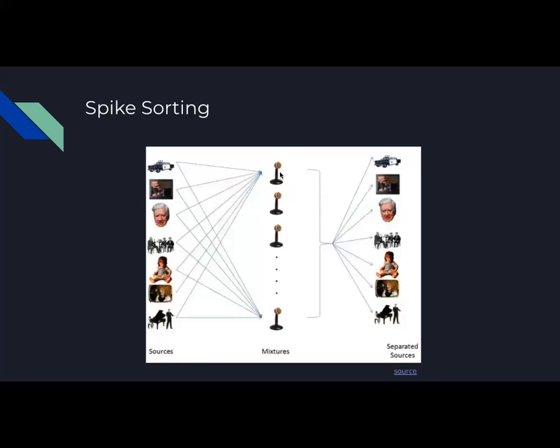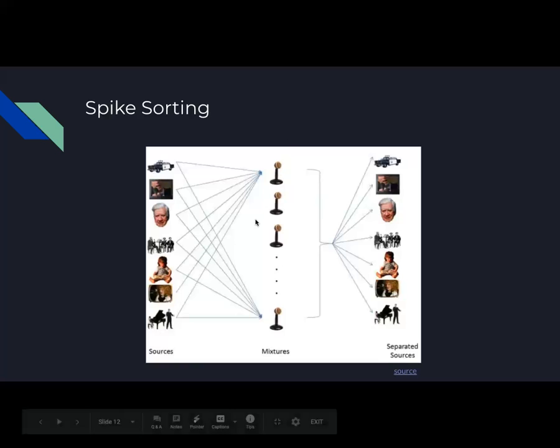So this electrode that's closer to the police vehicle would have the signal be louder and the man and the band be less loud. And so by having different compositions in these mixtures, we're able to decompose and separate out our sources.